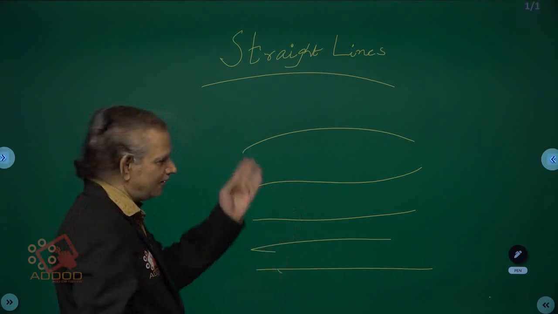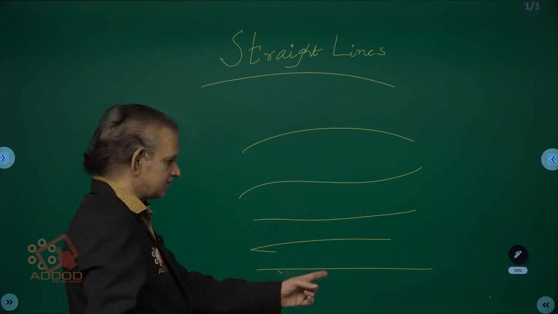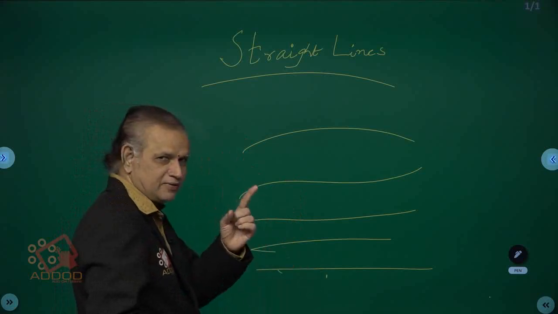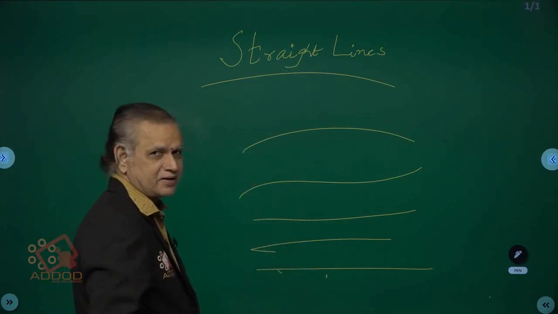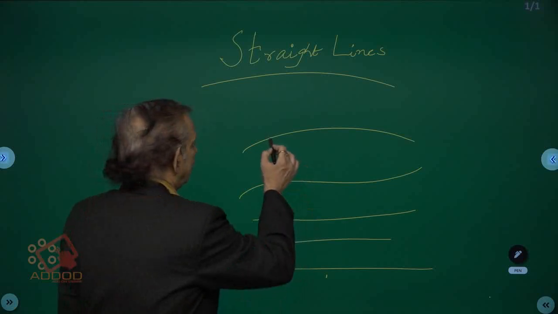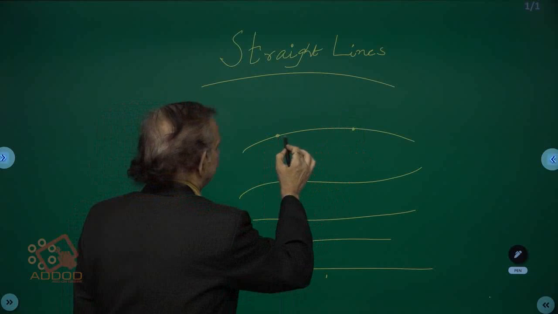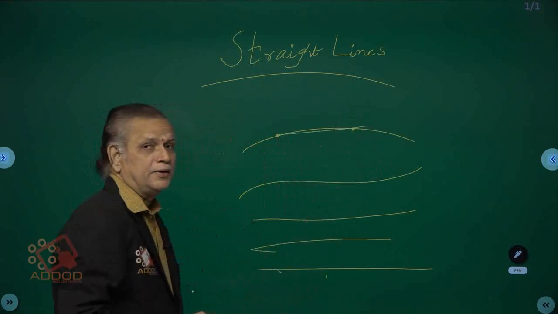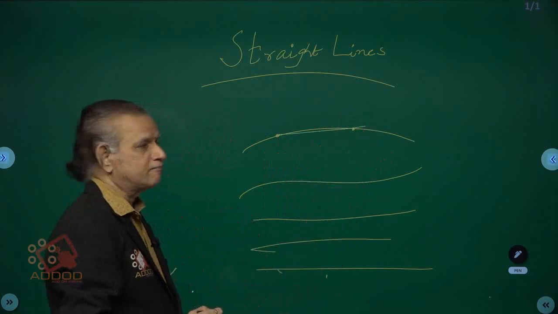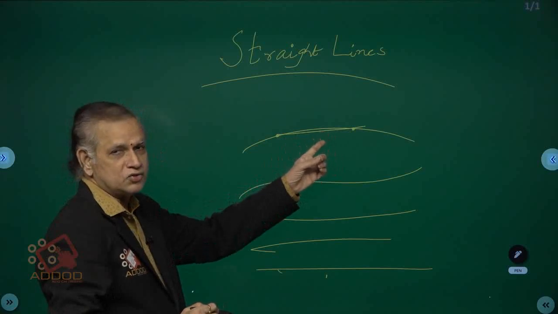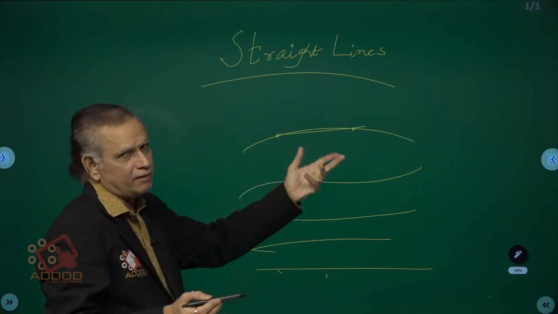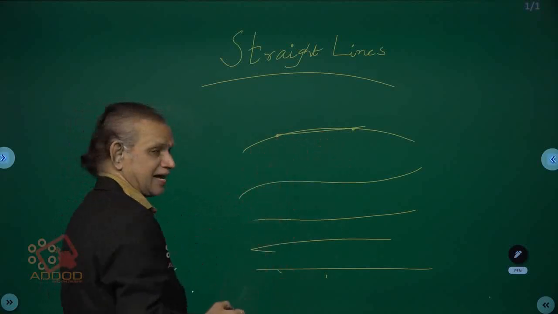But among all these, this last one has one peculiarity. What is that peculiarity? Like here, if you take 2 points on this curve and join them, do you say that the segment joining these 2 points taken lies entirely on the curve? No. So it's just a curve.